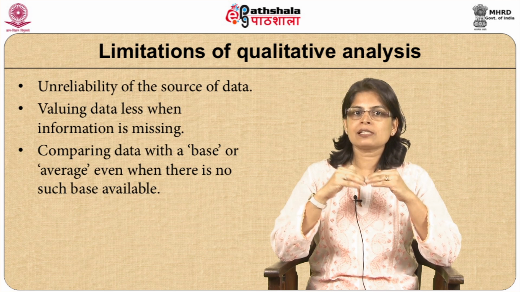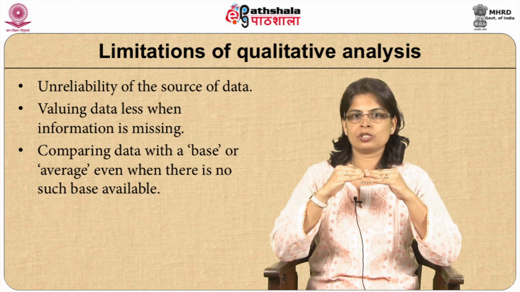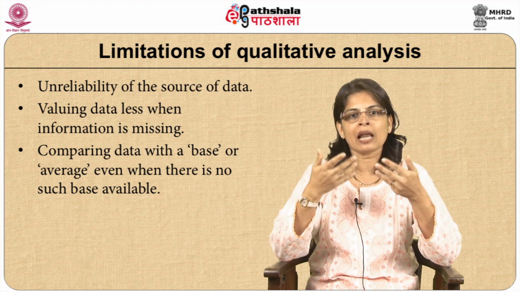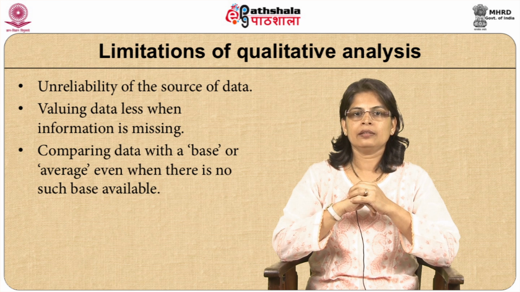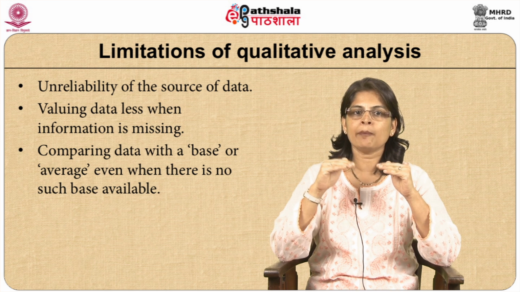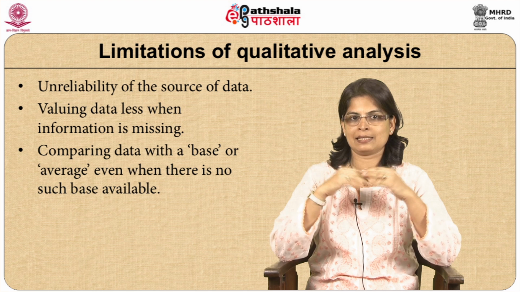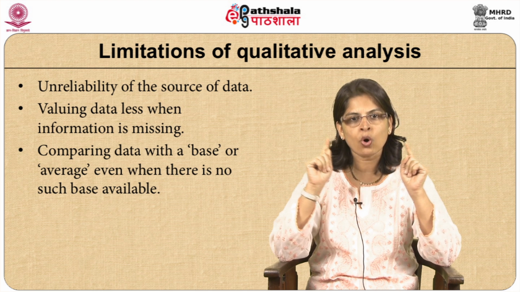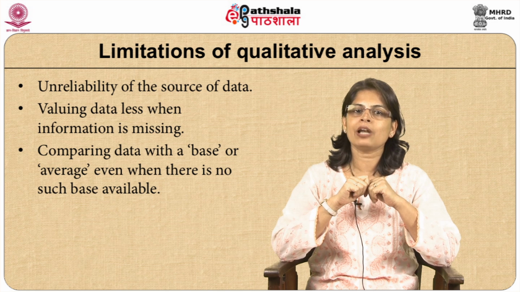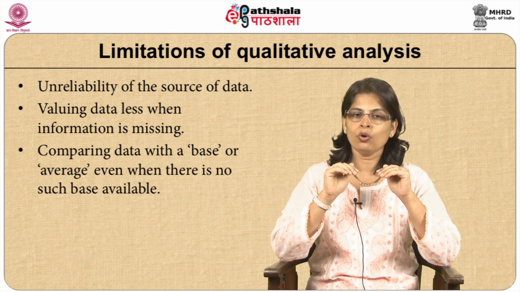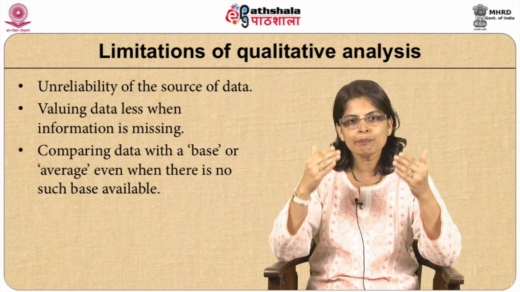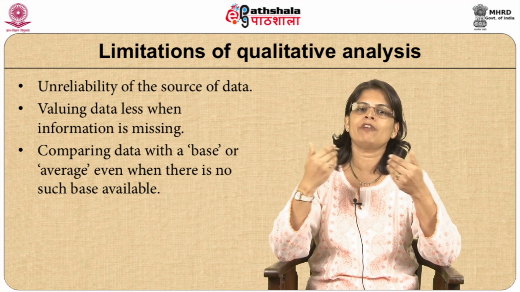We also face the unreliability of the sources as one of the limitations. Some sources are more reliable than the others. Thus, the data must be weighed appropriately before analysis. However, there is a tendency to treat all the sources with the same reliability. So, when information is missing, all the data from that particular source tends to be valued less.